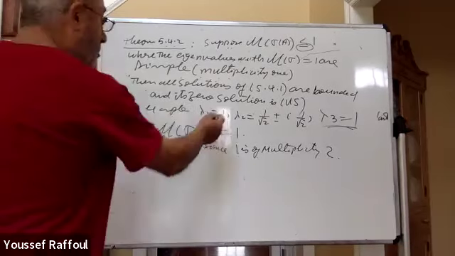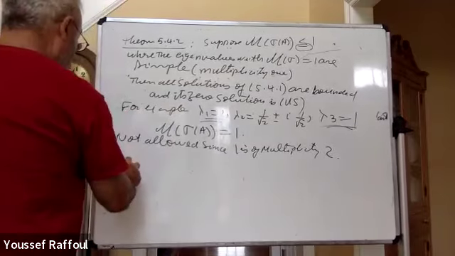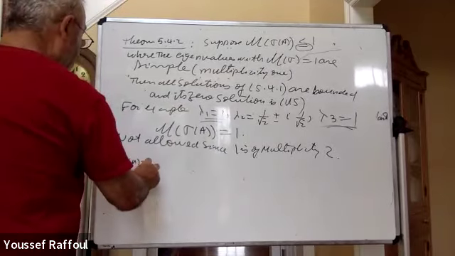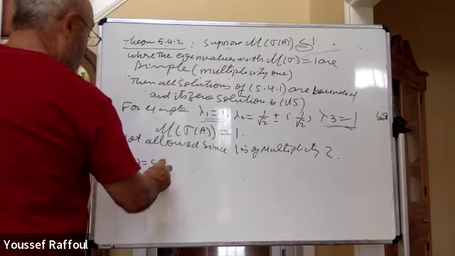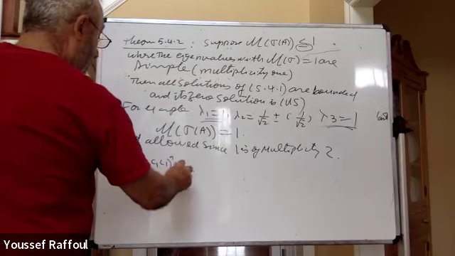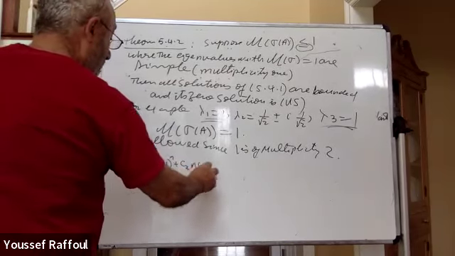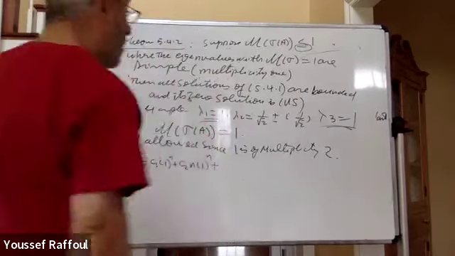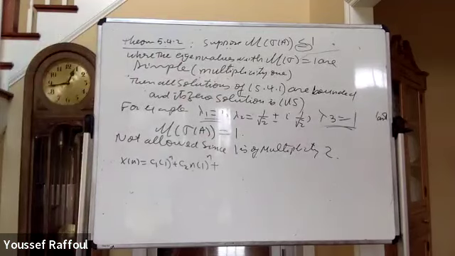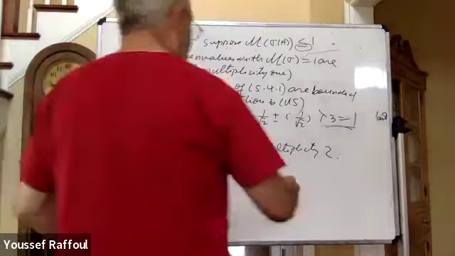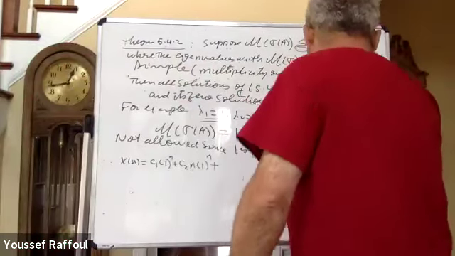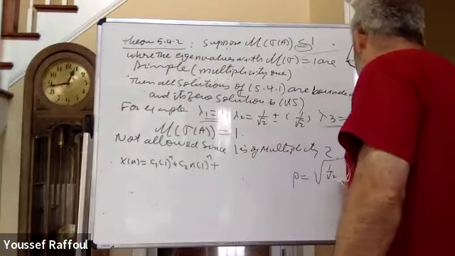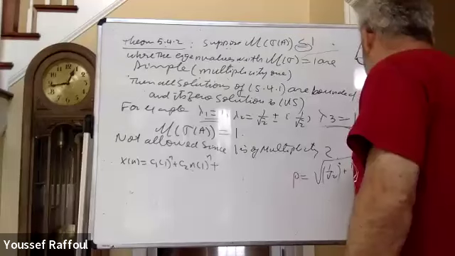Let's say we write the solution. x_n equals C1 times 1 to the n plus C2 n times 1 to the n plus this one here. What would rho be? It is the square root of 1 over the square root of 2 squared.